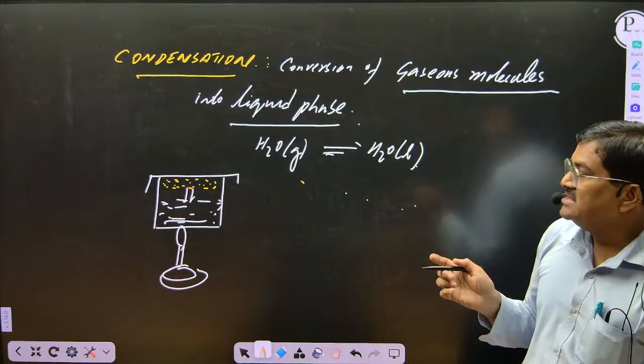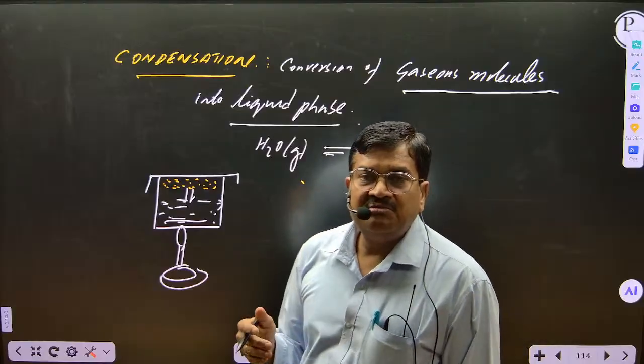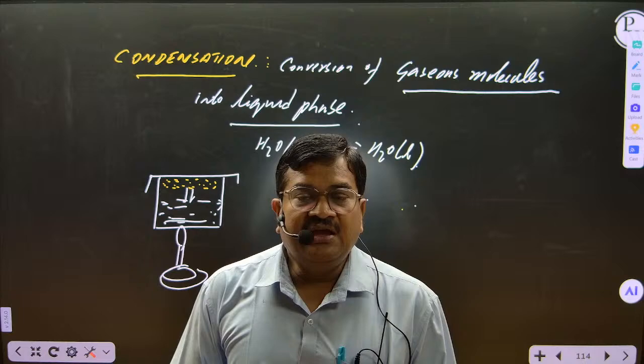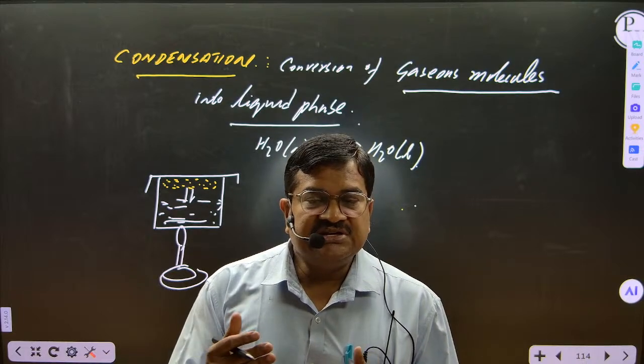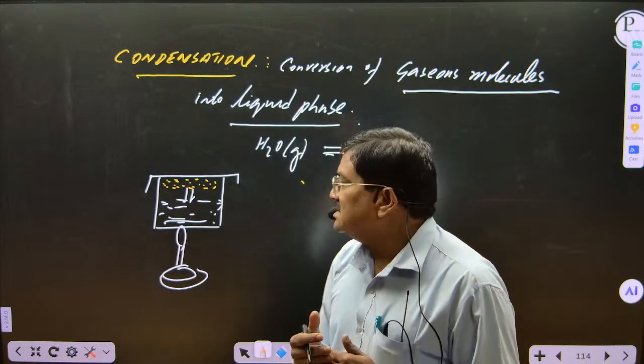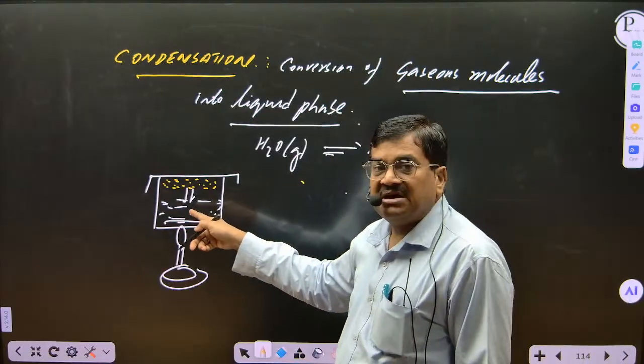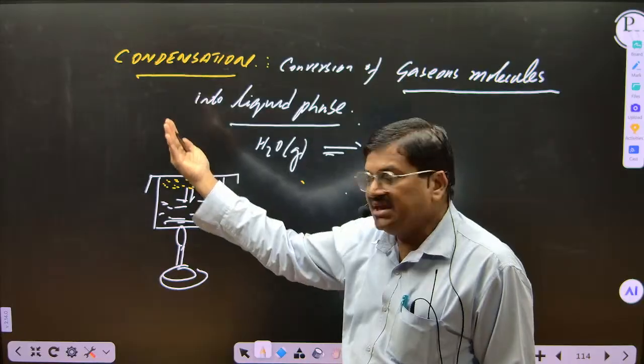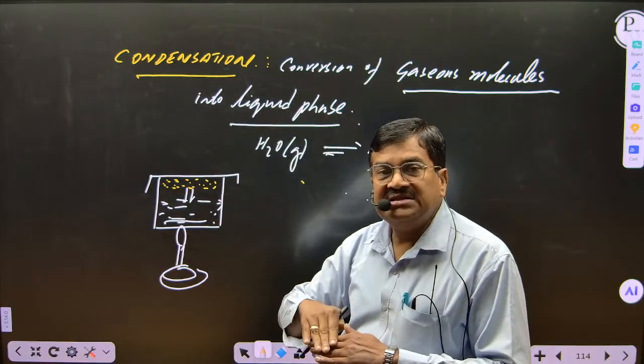That is called condensation. And you heard about equilibrium in first year. Do you remember in 11th class we studied the equilibrium chapter? At the stage of equilibrium, whenever equilibrium is established, the amount of liquid that has been converted into vapor, the same amount of vapor condenses.